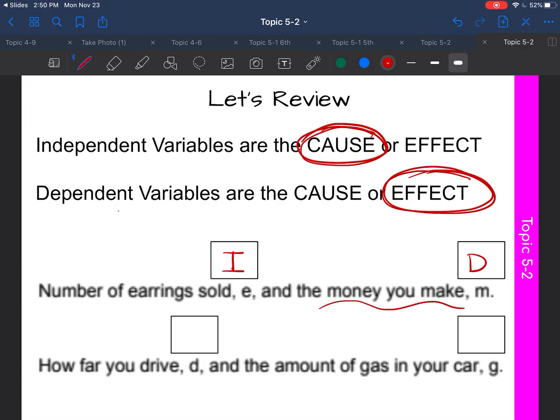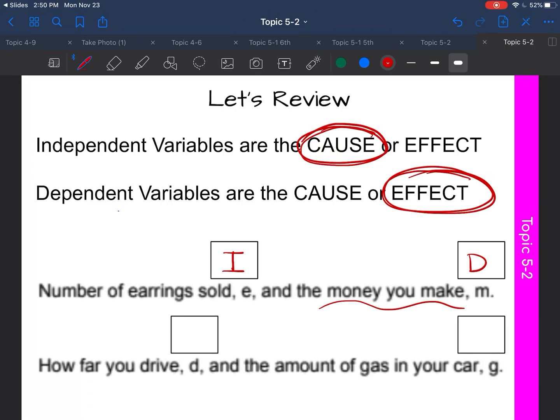And the next one, how far you drive, D, and the amount of gas in your car. Okay, now this can be a little interesting, because this might go both ways depending on how you explain it. So what comes first, how far you drive or the amount of gas in your car? Now, this one again, I said can go kind of both ways.